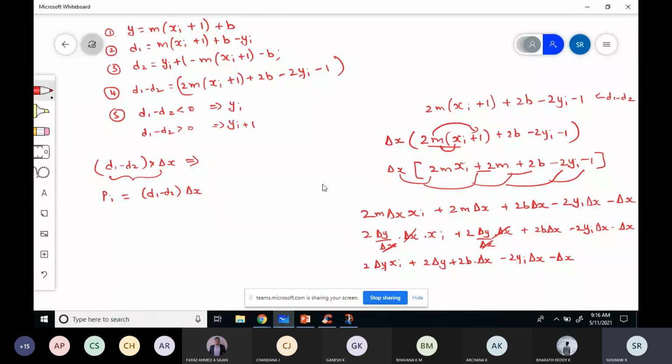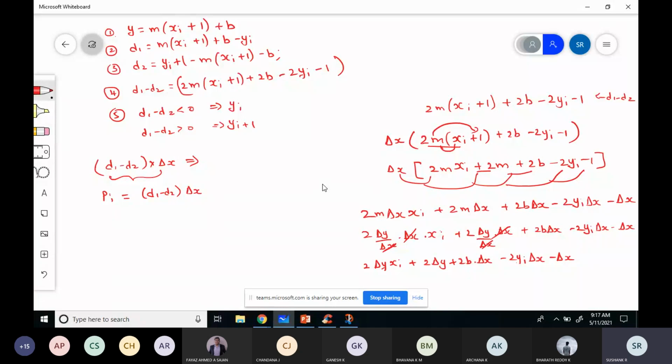You check anywhere, any further simplification can be possible. If no further simplification is possible, means you can just rearrange the terms. So further simplification is not possible.